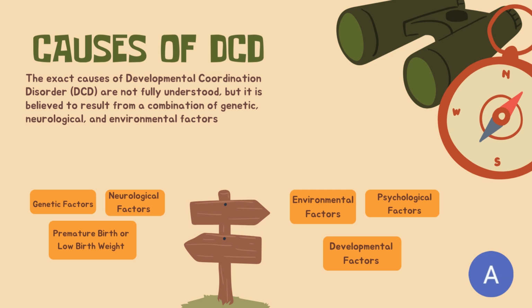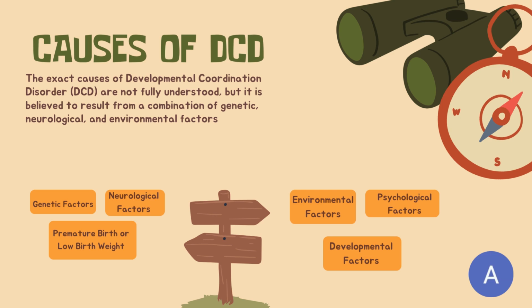All right, next let's look at premature birth or low birth weight. Children who are born prematurely or with low birth weight are at a higher risk of DCD. Why? Because premature birth may result in underdeveloped motor skills, which can contribute to coordination difficulties later in life.